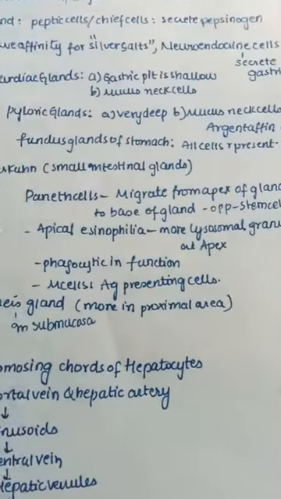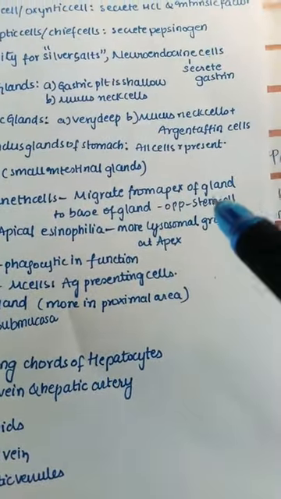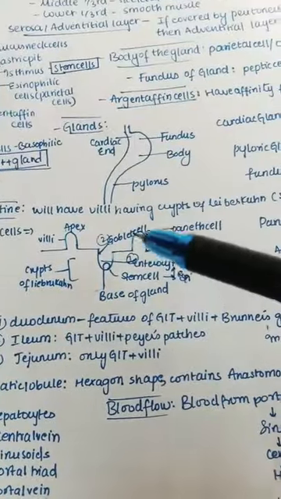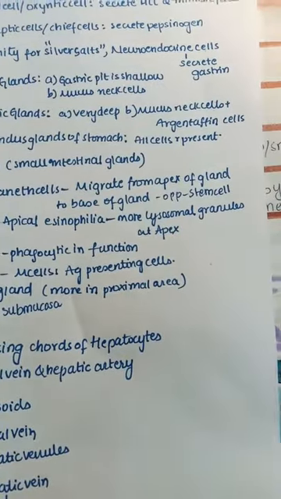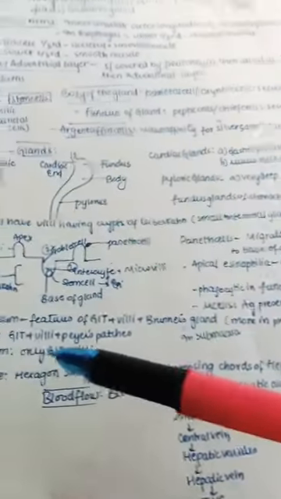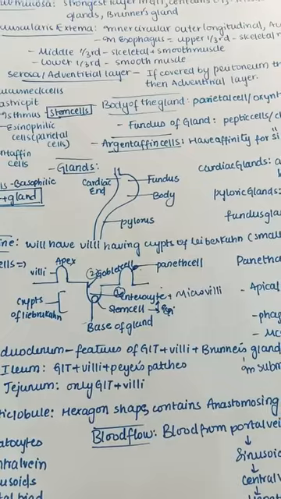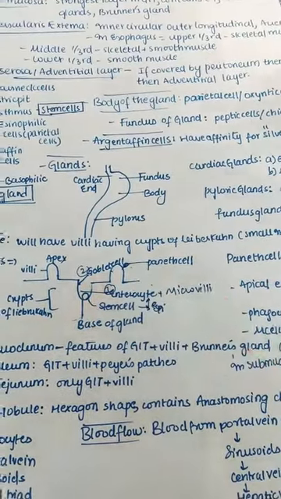The Paneth cells migrate from the apex of the gland to the base of the gland, and the opposite is the stem cell, which migrates from the base of the gland to the apex of the gland, right?